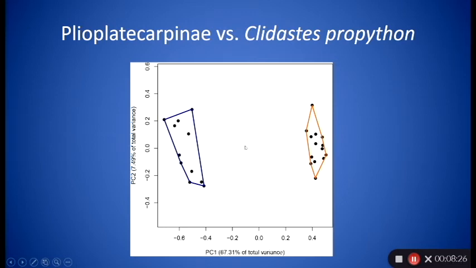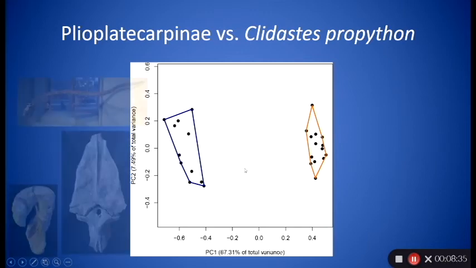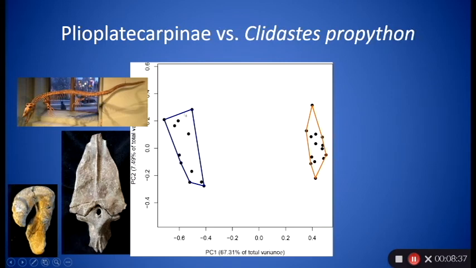So I think this is interesting because you've got two species here occupying a similar amount of morphospace as this single taxon Clidastes propython. Now, the variation that you're seeing in the plioplatycarpines is actually observed in bones like the quadrate as well as the skull roof, particularly the frontal and the parietal.